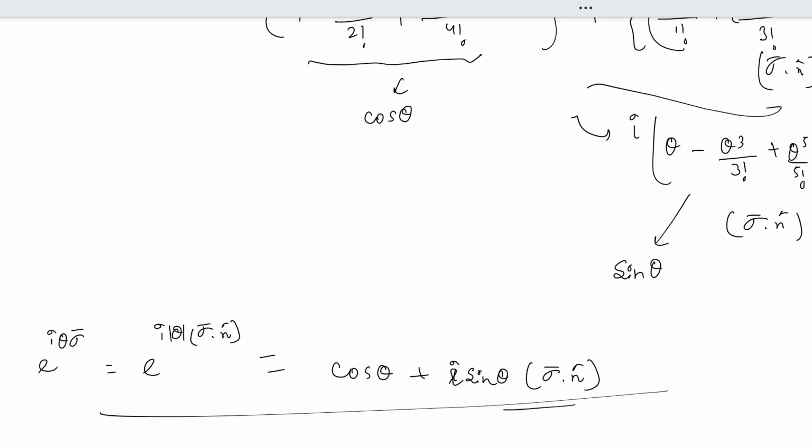Now once you have obtained this, things become easier. What you had is e to the power of minus i pi sigma y by 2, then sigma z, e to the power of plus i pi sigma y by 2. So here your theta is pi by 2 once, and once it is minus pi by 2.